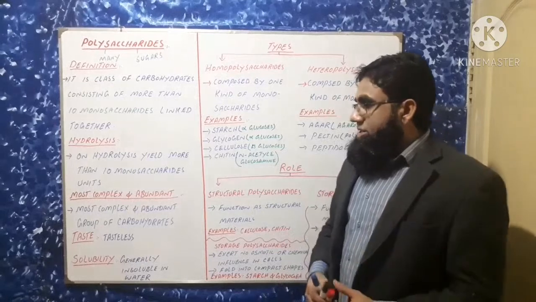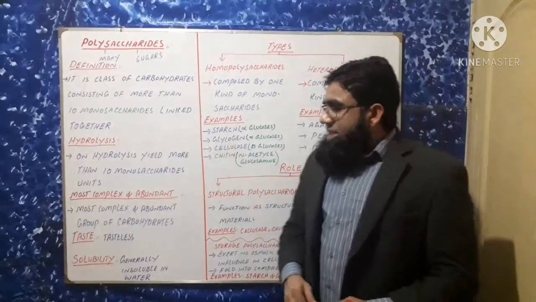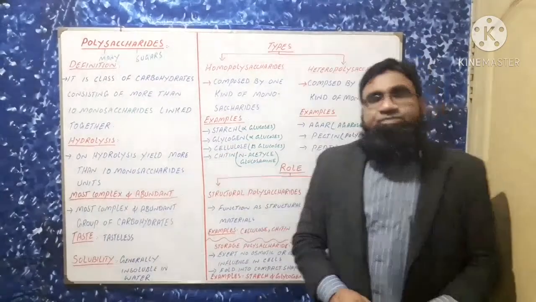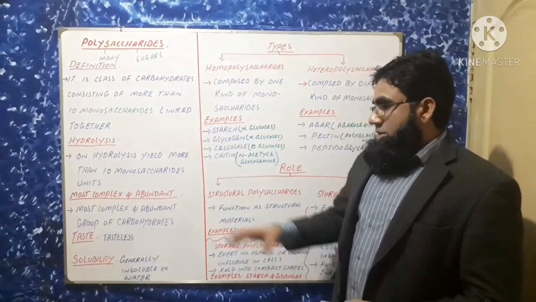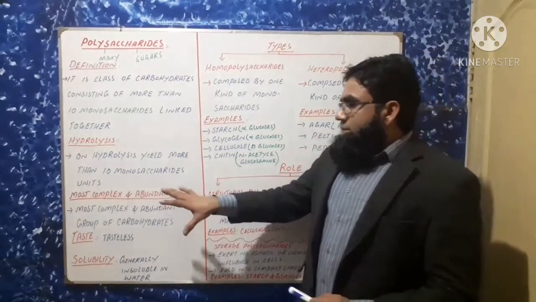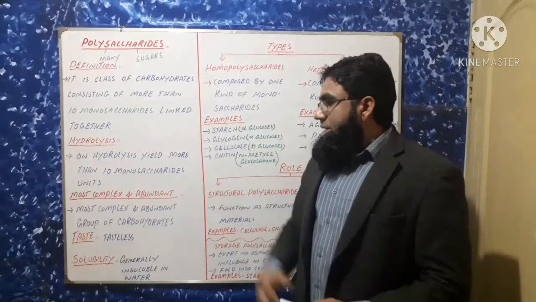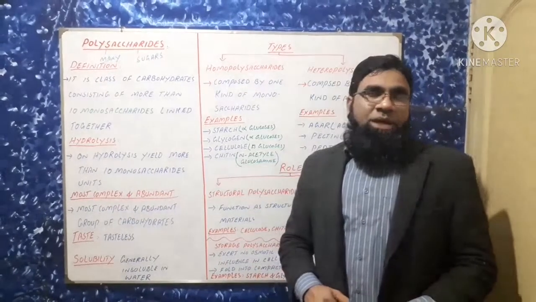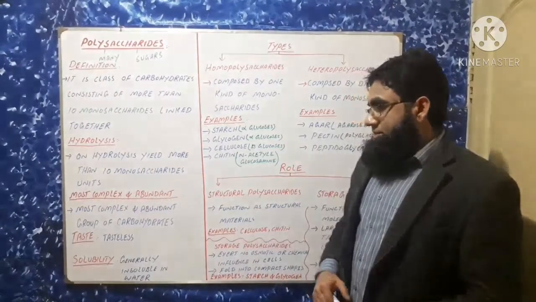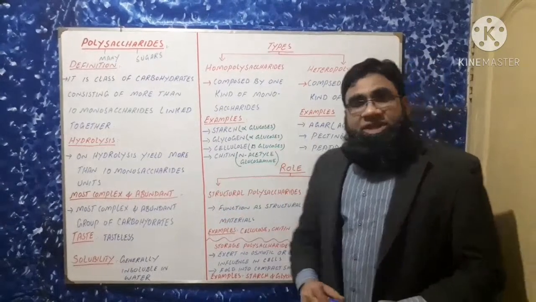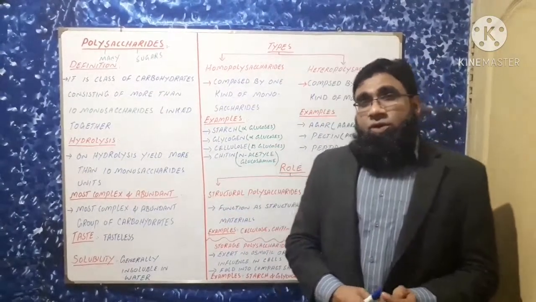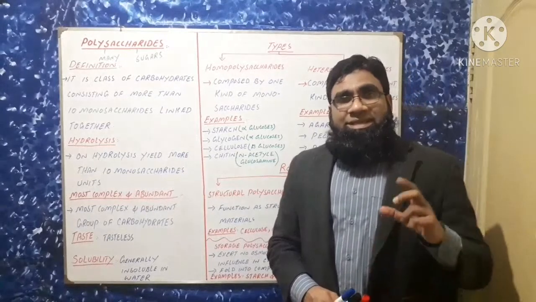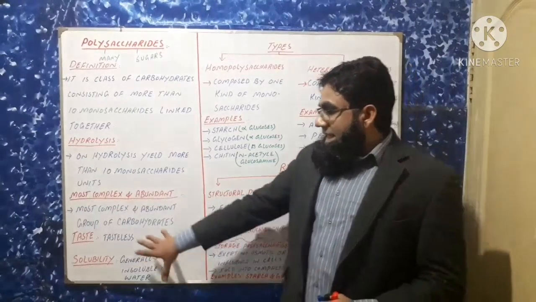As far as their structure is concerned, polysaccharides are the most complex and abundant molecules among the carbohydrates. What about their taste? They have no taste, so we can say that they are tasteless.